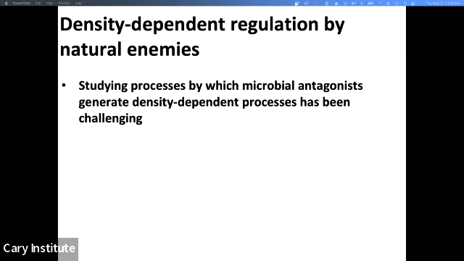But studying those processes by which microbial antagonists generate those empirical results that we have been documenting over and over again has been challenging for tropical ecologists for several reasons.